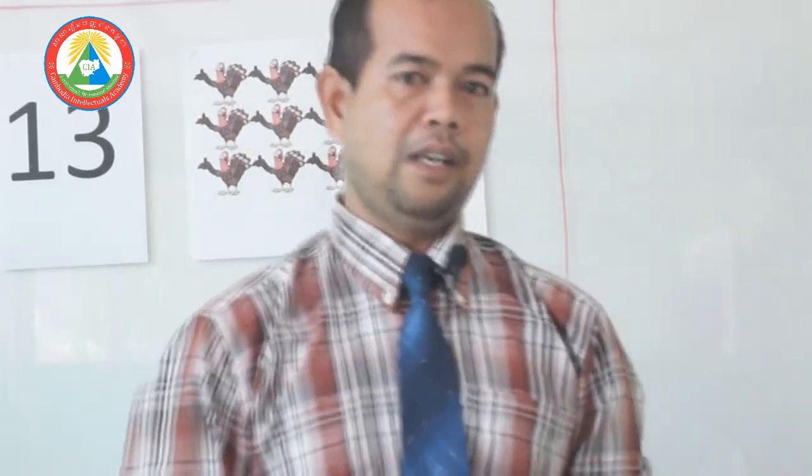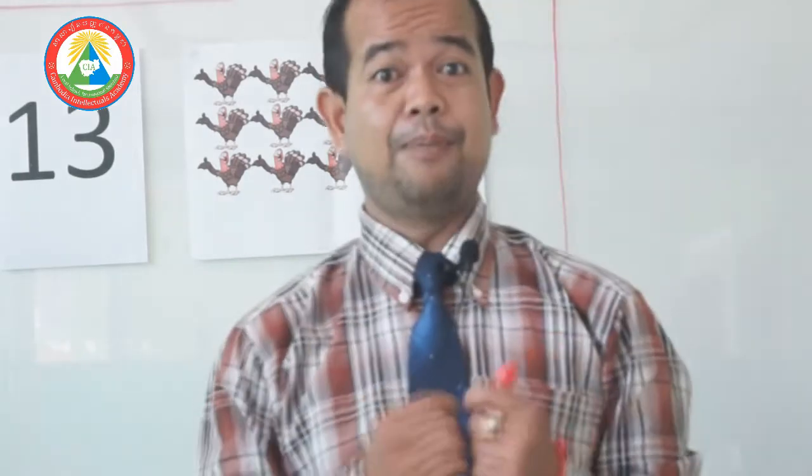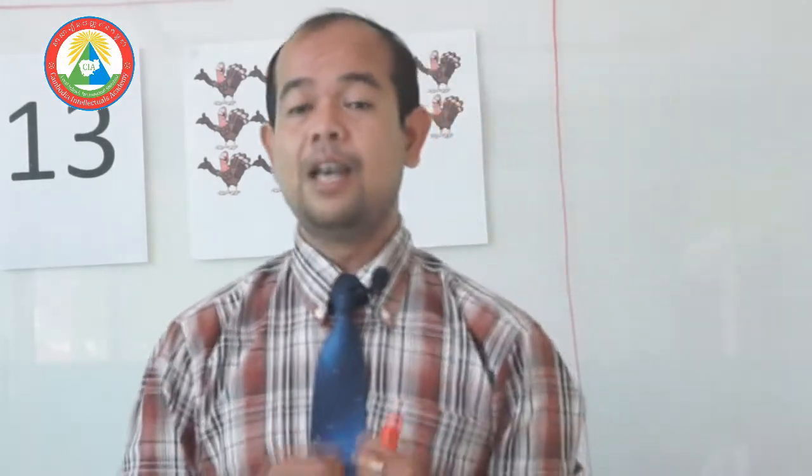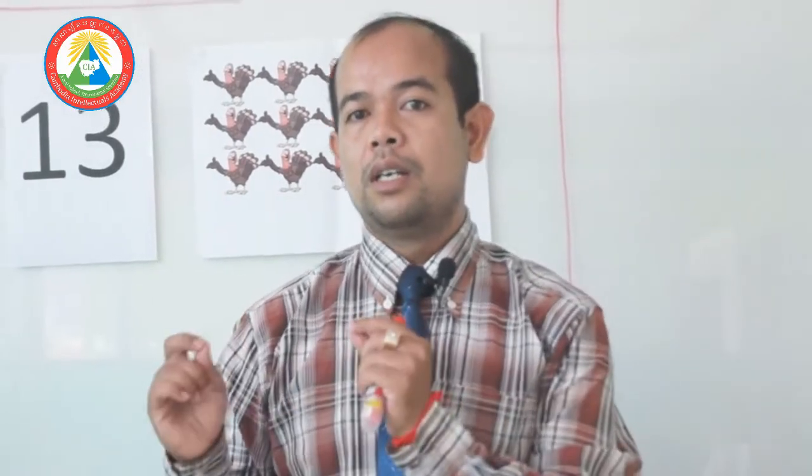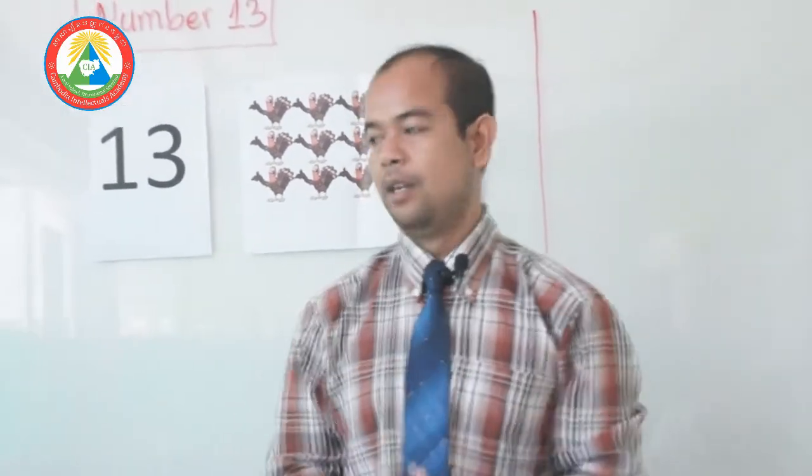I will guide you to write the number 13. As I mentioned already, number 13 is composed of number 1 and number 3. Or we can say number 13 is a combination between number 1 and number 3.